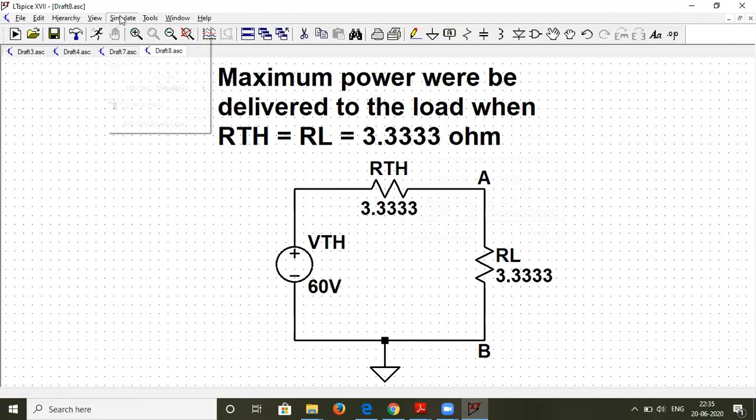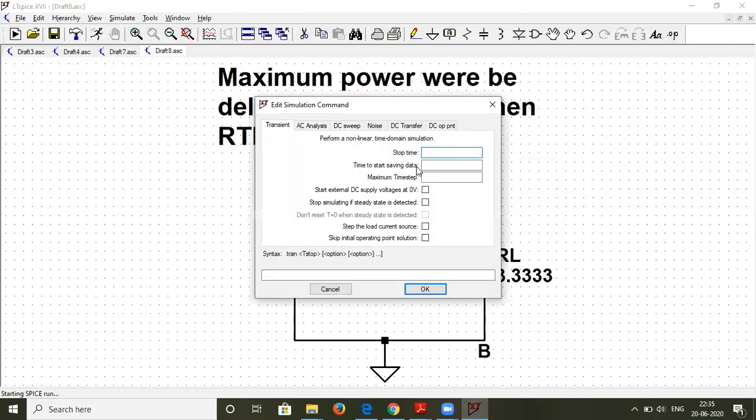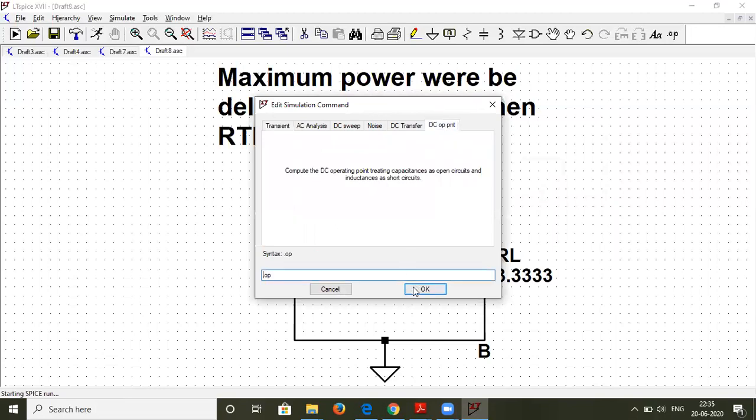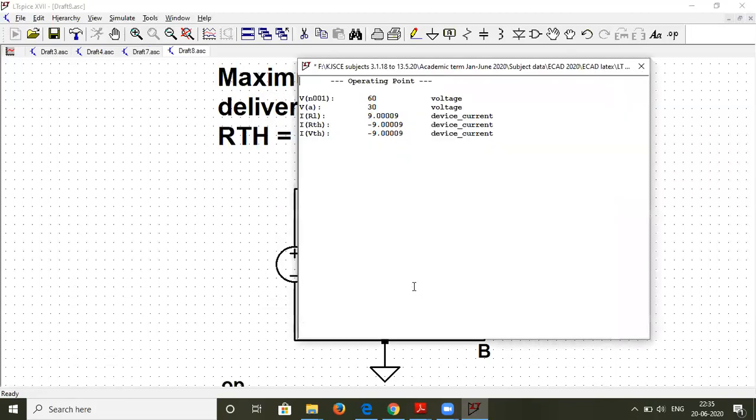So basically when we run this, I'll select the DC operating point and click on OK. So it will give me the current flowing through the R1 resistor, that is your RTH basically, RL or RTH. So this is around 9.0009, so around 9 amperes.